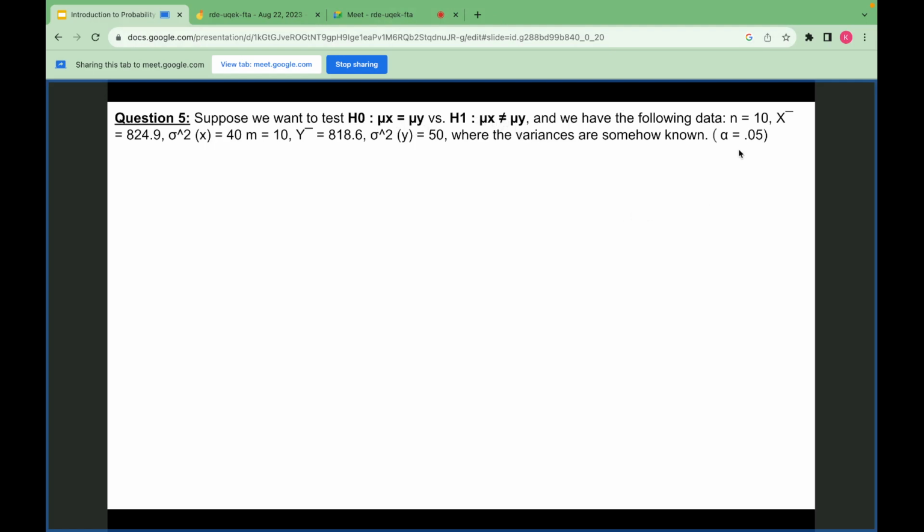We have the following data: n is equal to 10, x bar is given, which is 824.9, and the variance for the x population is given, that is 40.